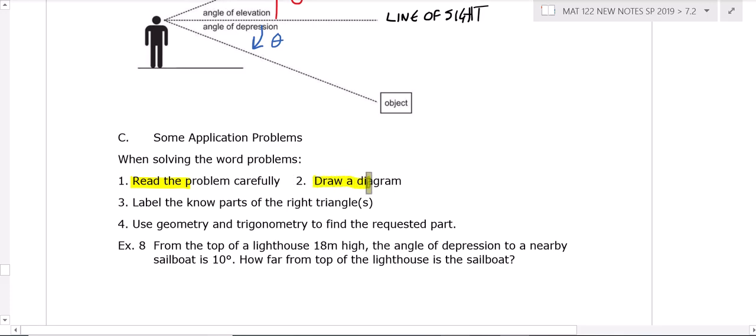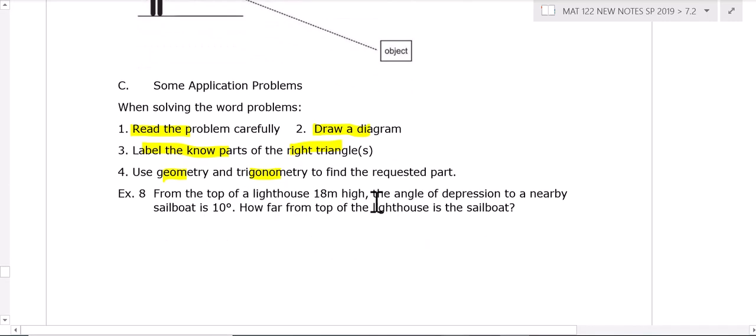Draw a diagram, and you're going to have a right triangle in here, so label the parts of that right triangle. You might have more than one right triangle like we had in the previous example. And then typically some basic geometry and trigonometry. There should be enough information given in the problem to figure out that part.